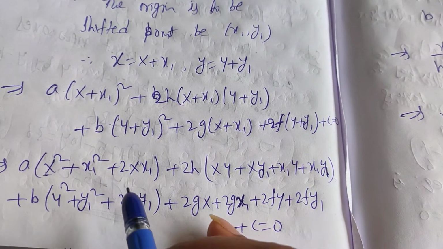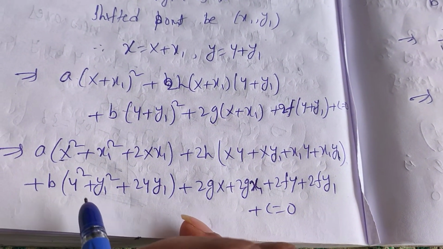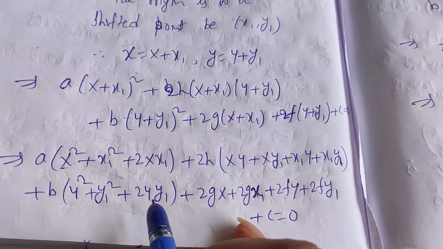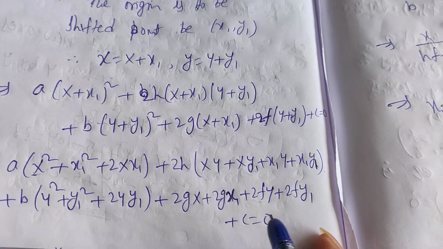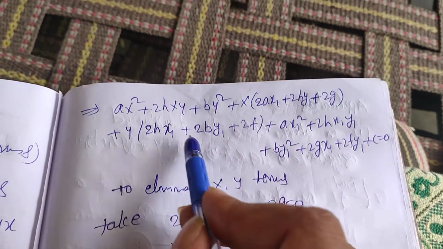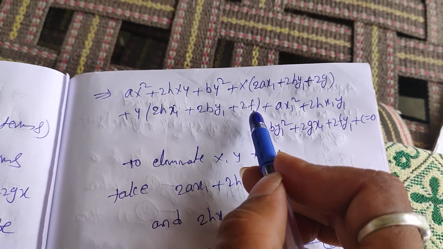Similarly, if you take y common, what you have from here is 2by1 plus 2hx1 plus 2f, that is 2hx1 plus 2by1 plus 2f.